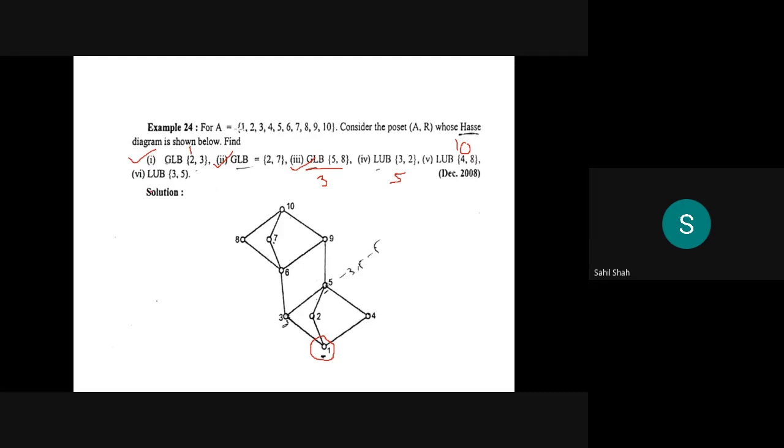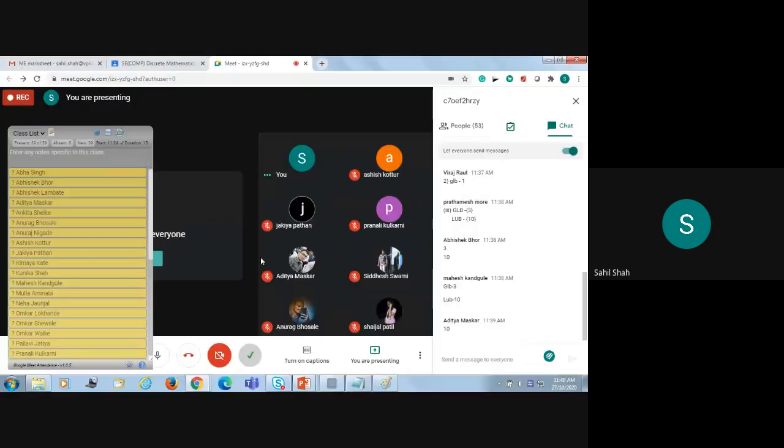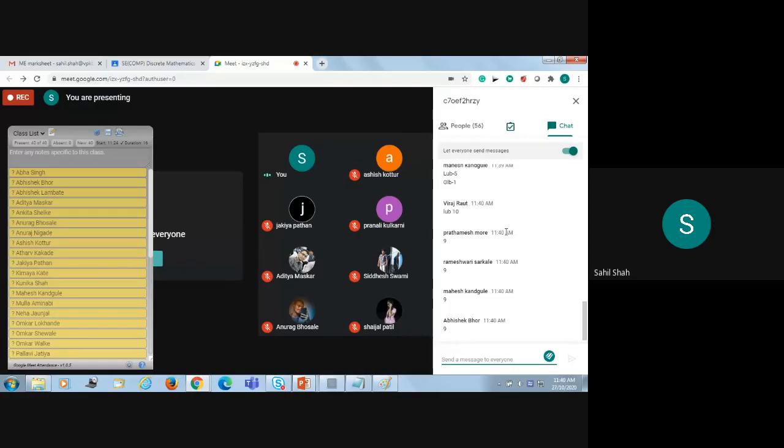And how about the least upper bound of pair 3 comma 5? 3 is related to 6, 7, 10, 6, 8, 10, and 5 is related with 9 and 10. Can you tell me the answer for 6?